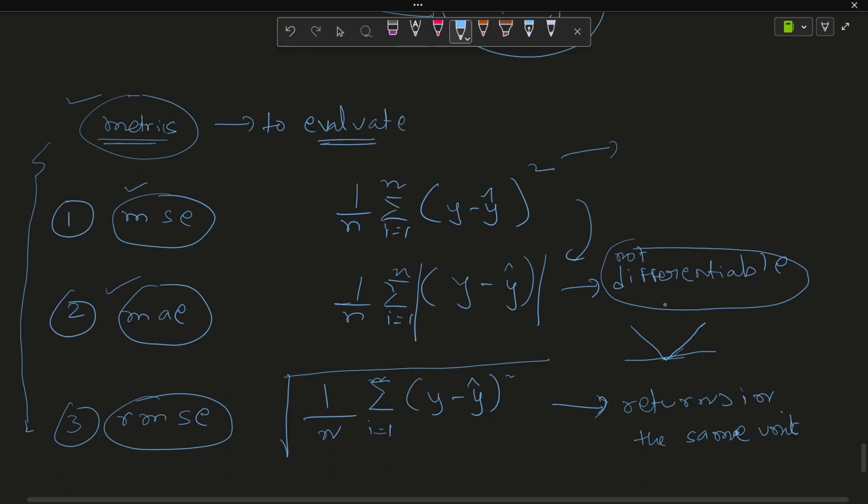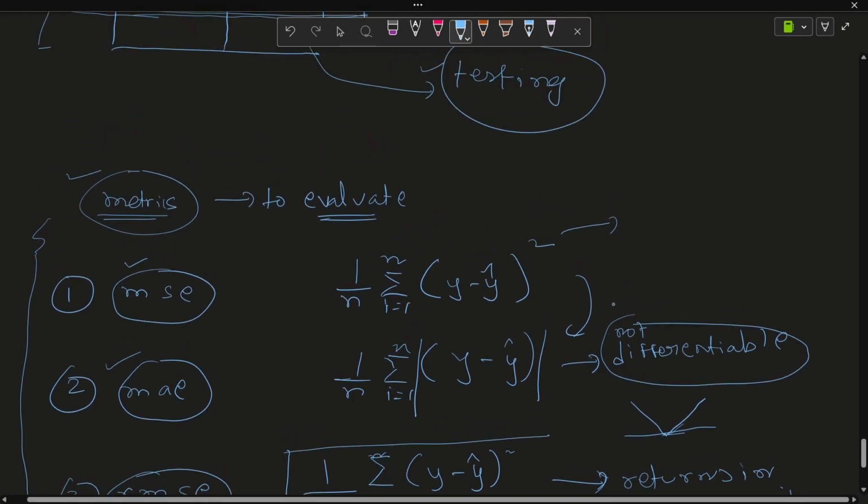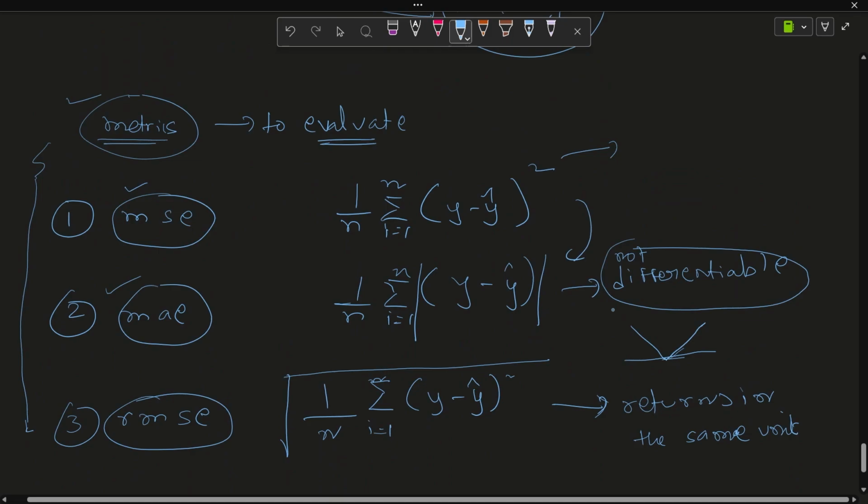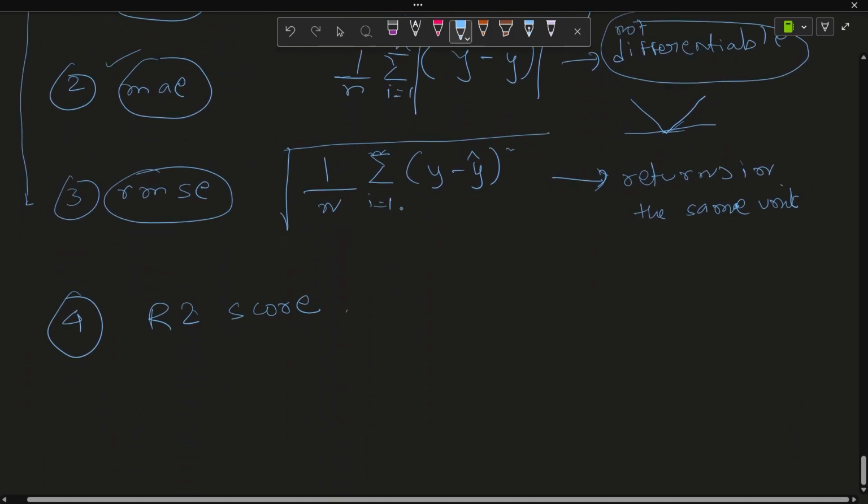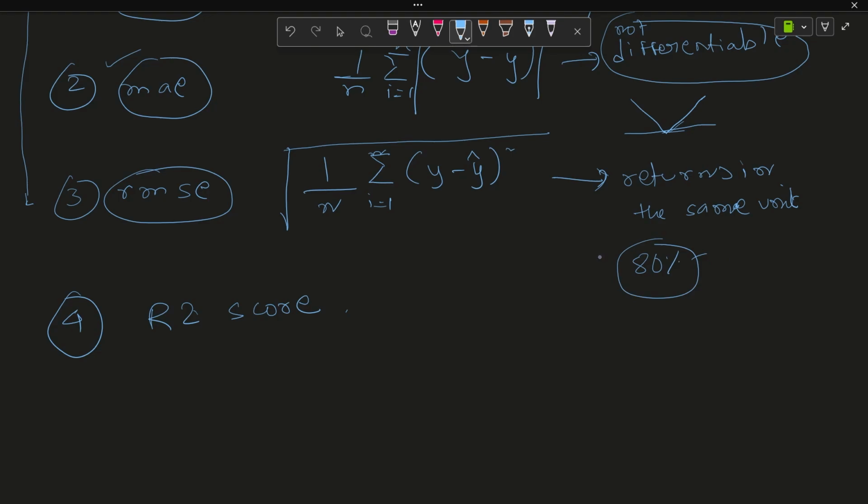They are not absolute. What do I mean by absolute? You cannot see a percentage, for example 100% meaning there is no error, or 80%. You cannot bound it within a limit, so you cannot say that 80% of the model is correct.